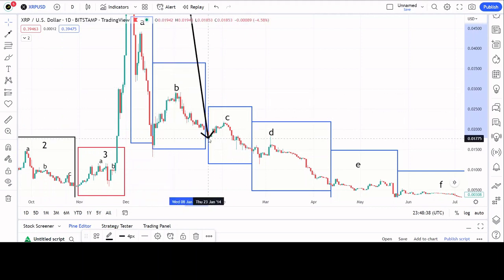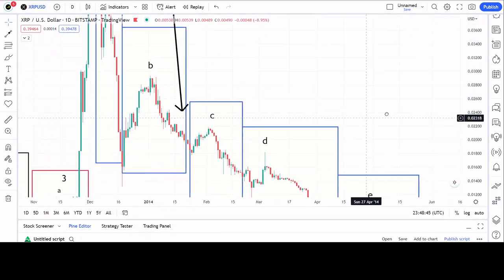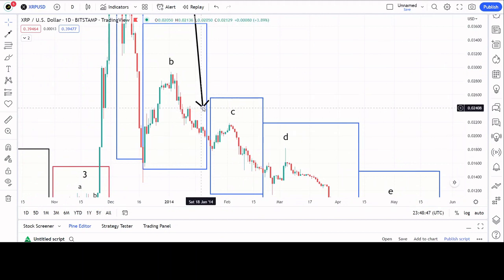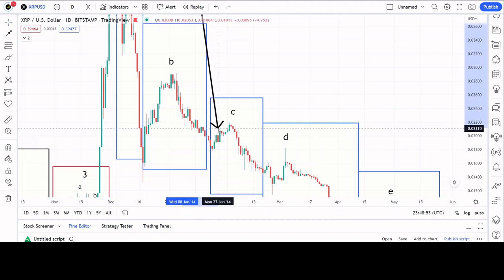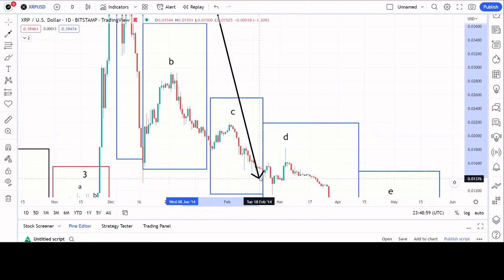It declines into C. Now these fractals or structures happened on a much smaller time frame, so the best thing is to go into a real small time frame to really see the repetitive characteristics. But C pulls back up. Here's the first part of the C structure. It drops and comes to a final peak right here before descending and going into the D structure.